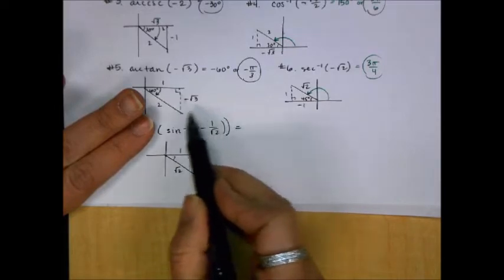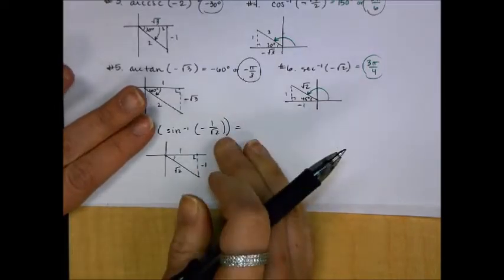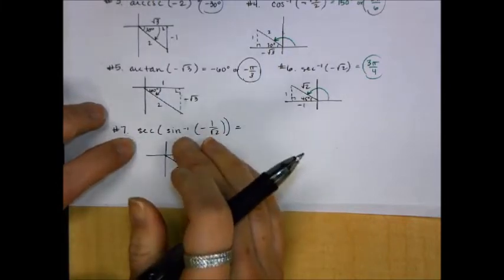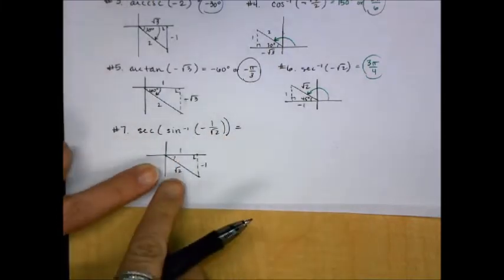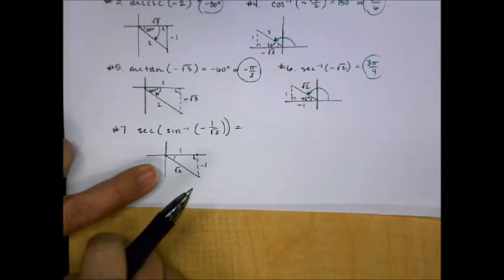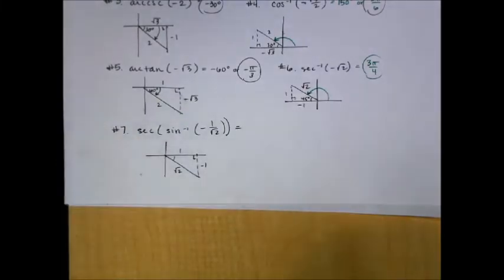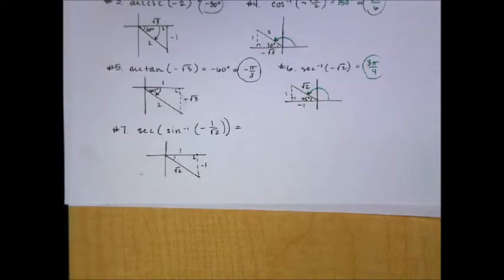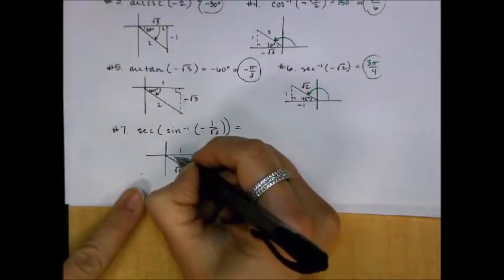I want to know what is secant of this angle. So secant of this -π/4 angle. So that is just evaluating a trig function at an angle. Once we do the inverse component inside, we're now left with just finishing this. So for this angle, -45 degrees, what is secant?